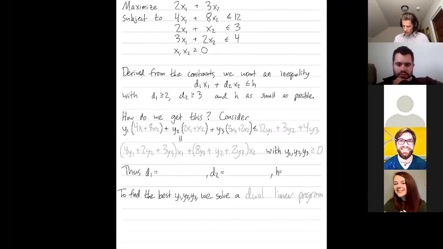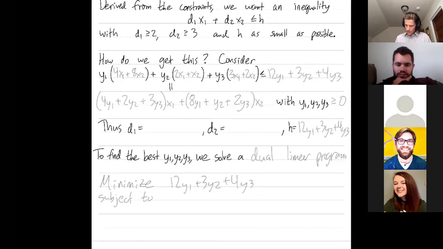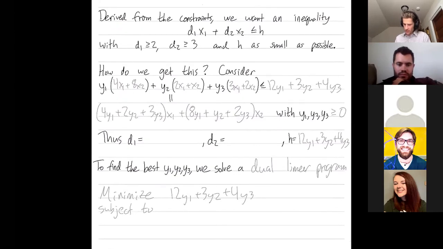So we're trying to minimize H, which is 12y1 plus 3y2 plus 4y3. We want our upper bound to be as small as possible, subject to constraints where D1 is at least 2.